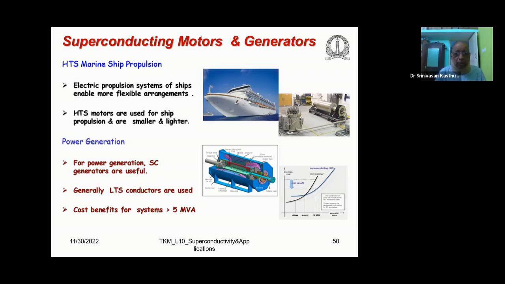In the picture you can see the marine ship and also the type of HTS motors which can be useful for ship propulsion. Here you see the superconducting generators in this photograph, and the cost benefit happens only when the power generated is greater than 5 MVA.